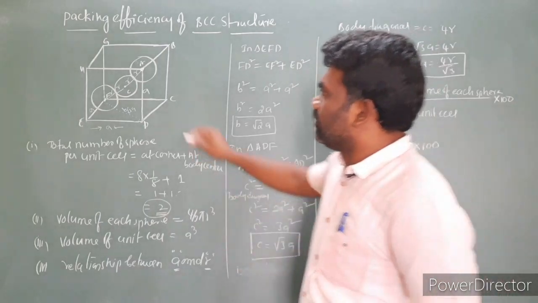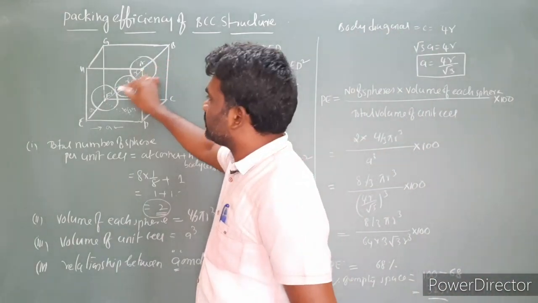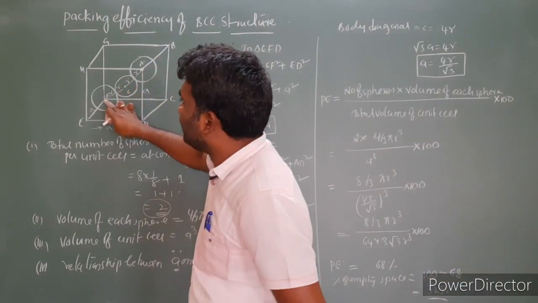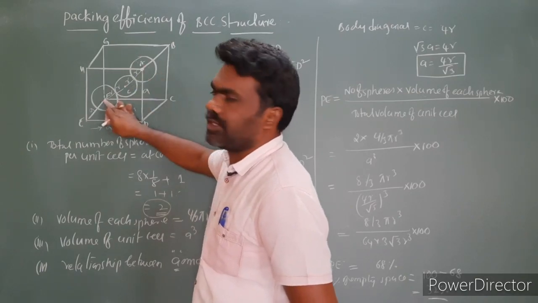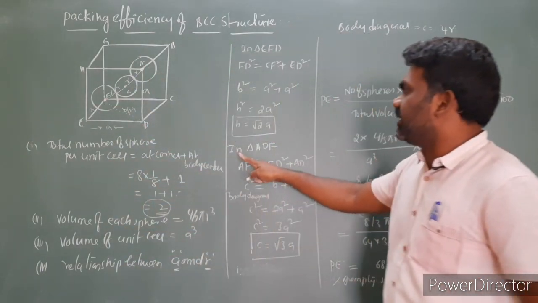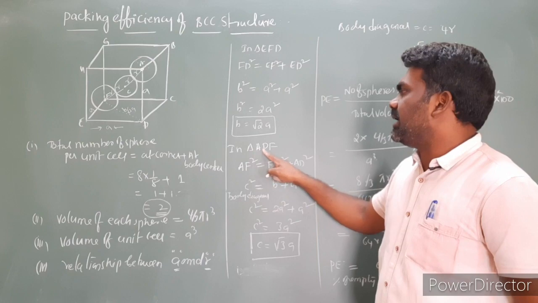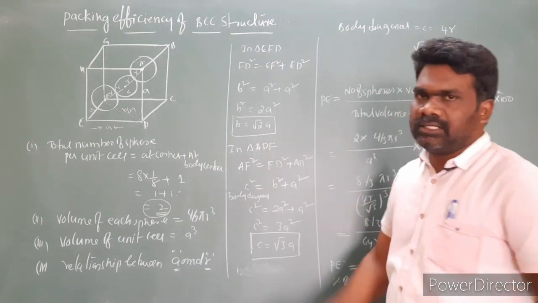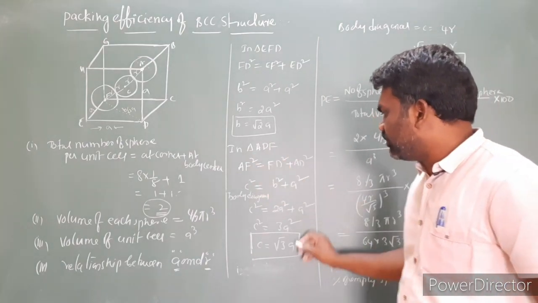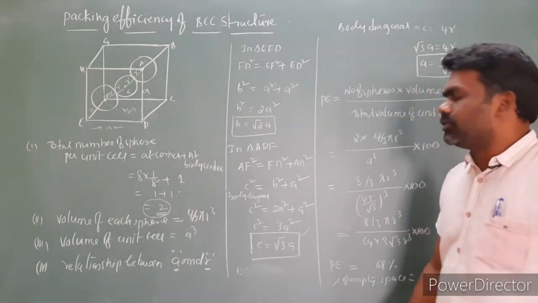After that we have to find the body diagonal, from F to A to F. We can find the body diagonal from triangle ADF or AFD. From this we find the body diagonal, which I'm labeling as C, is equal to root 3a.